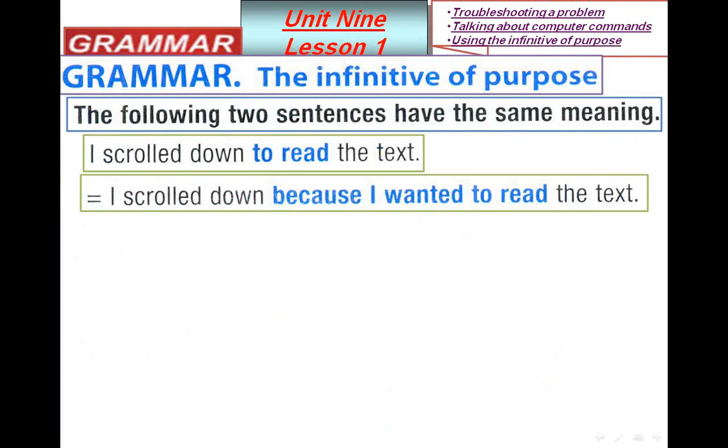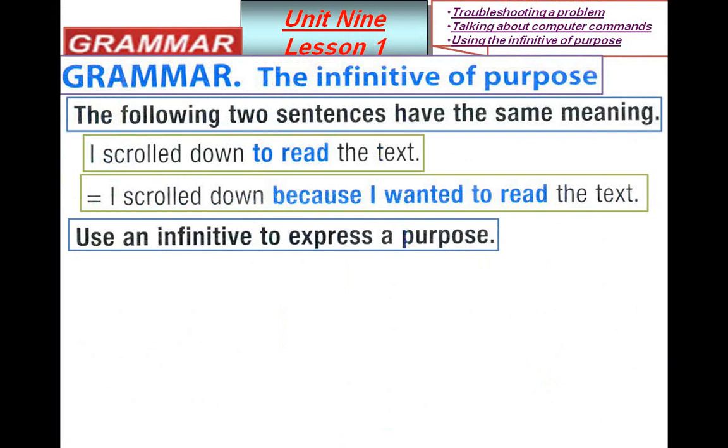They have the same meaning. So to plus the base form of the verb is called the infinitive of purpose. It tells me why I want to scroll down: to read the text. So instead of saying because I wanted to read the text, I say only to and the base form of the main verb: to read the text.